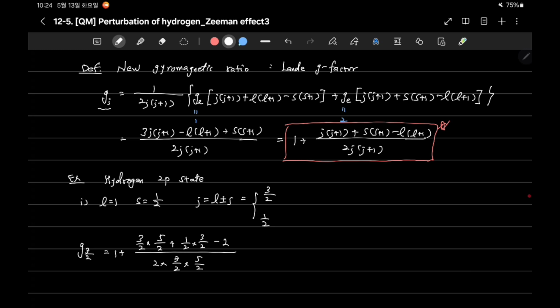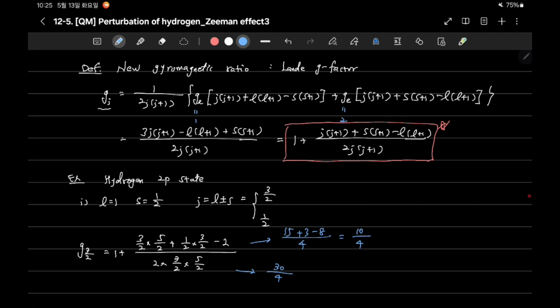So here the numerator is 4 times 3 times 5, 15, plus 3 minus 8, that is 10 over 4, and in the denominator it is 30.